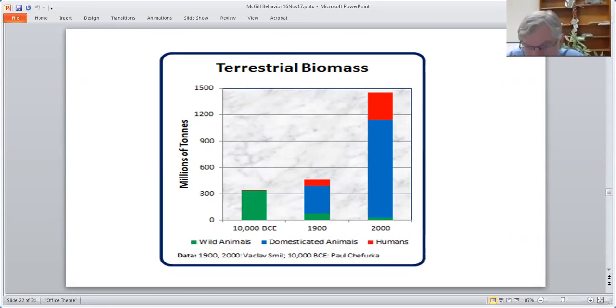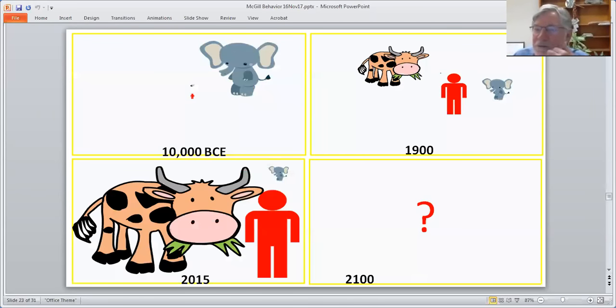By 1900, we and our animals dominate biomass. Around 1900, this is when fossil fuels started pouring in, so we were able to expand crops, animals, and so on. And now we're something like 98% of mammalian biomass. So again, this is not human nature. This is something that happened, a structural change in the nature of our economy that locked us into this. So here's a picture showing the same thing.